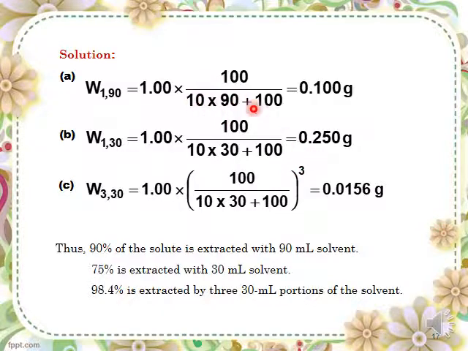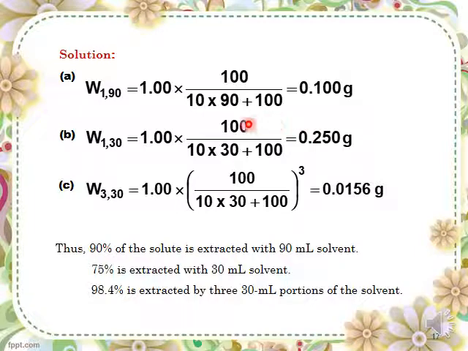So you have to do this first: D times the volume of organic, then you add the volume of aqueous. So this is the remaining solute in the aqueous phase after partition into the solvent phase.